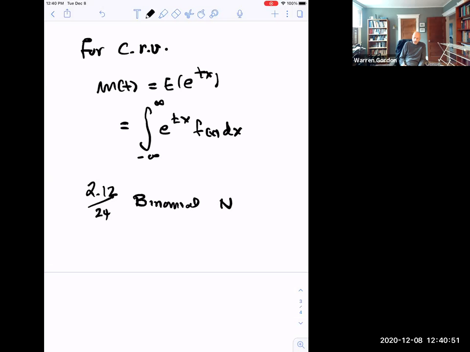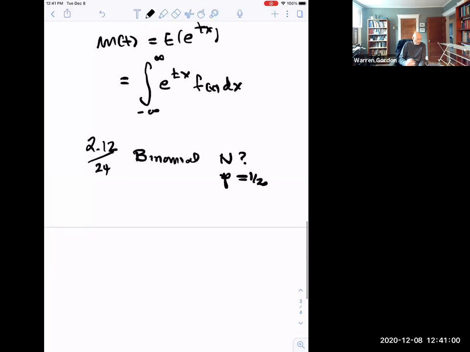The parameters are n, which we don't know, and p, it's a fair coin, so it's 1/2. And we want to know the probability of getting between 30 and 50 heads, where X is the number of heads, and we want this to be at least 0.96.